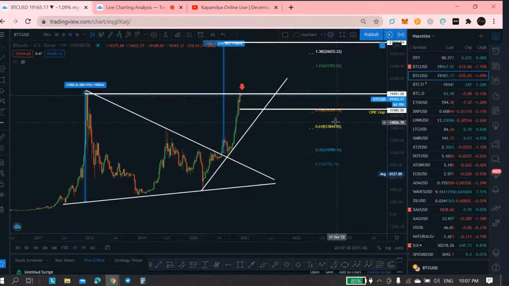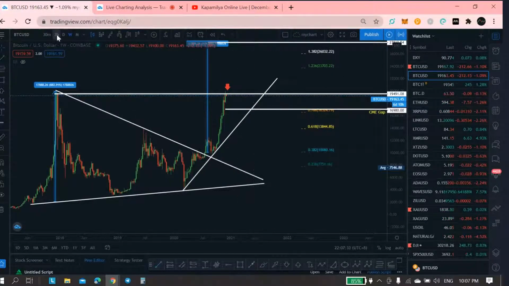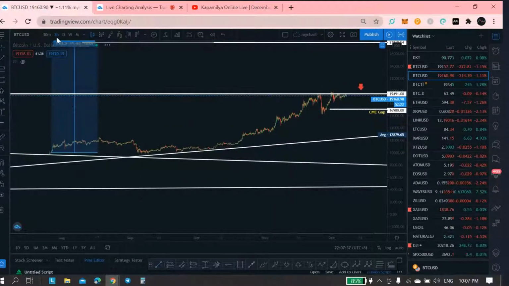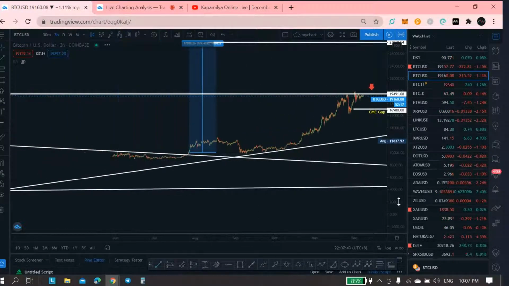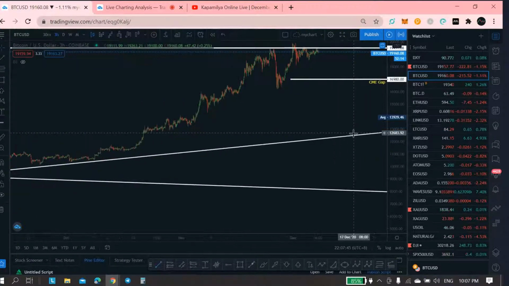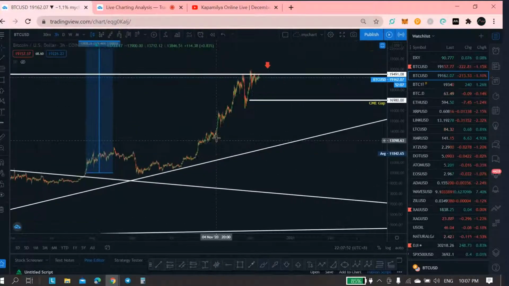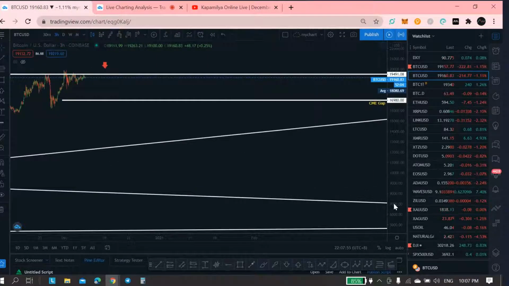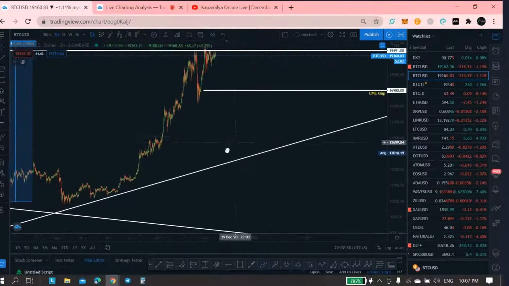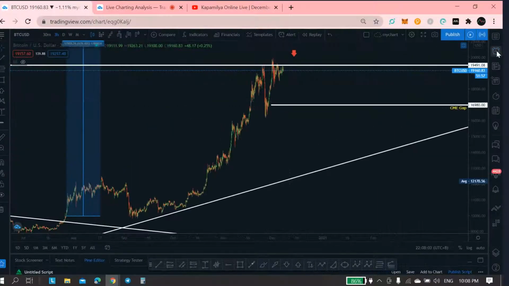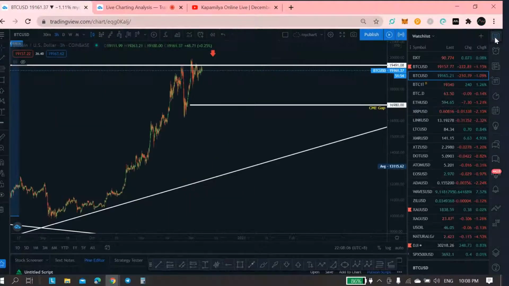So let's see. Now let's try to look at this one, 3 hours time frame, because normally I trade using 3 hours. If I scalp, 30 minutes; swing, 3 hours. Oh, it's already 19,000. What's my alarm? Oh, yeah, I remember. My alarm is actually the Ethereum.